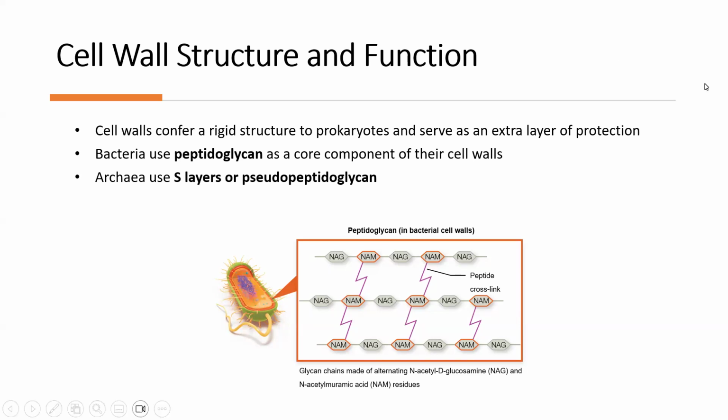Peptidoglycan has repeating NAG and NAM subunits. NAG is N-acetyl glucosamine, and NAM is N-acetylmuramic acid. And archaea use S layers and sometimes pseudo peptidoglycan, but we will not talk as much about that.